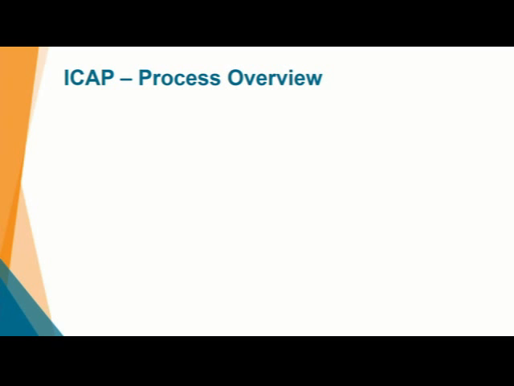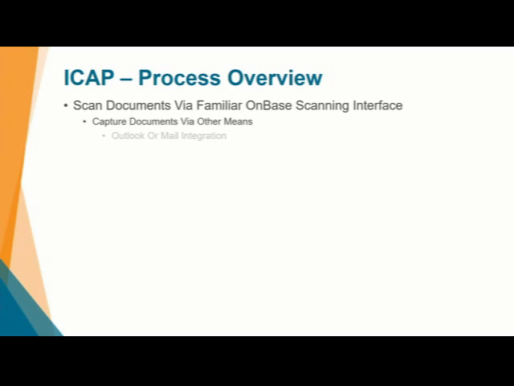So, a process overview, just to kind of highlight how this looks from a user perspective. You still need to capture those documents in some form or fashion, whether you're scanning via that OnBase scanning interface or via some other means, such as your Outlook integration or other mail integrations that are out there, or utilizing the OnBase mailbox importer, invoices at yourorganization.com.